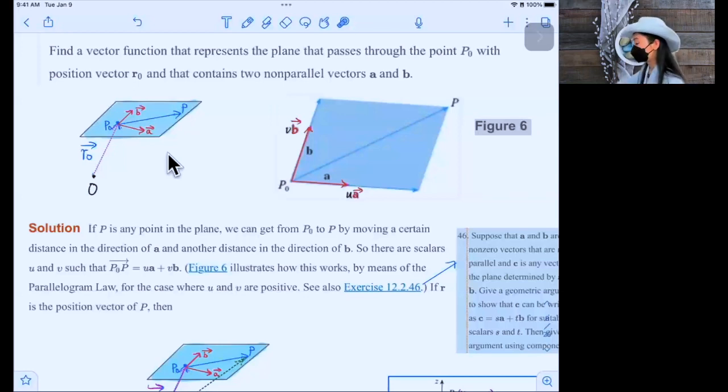Then according to this homework problem that we already proved, this could be represented by a scalar multiple times this plus a scalar multiple times this.